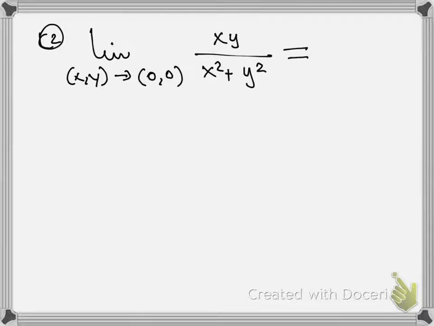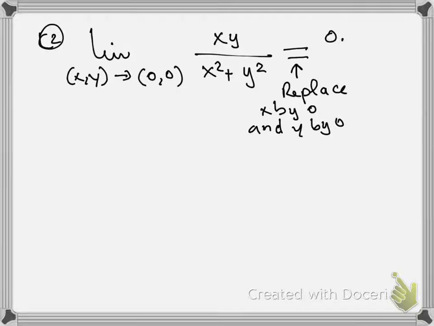So if you just replace x by 0 and y by 0, we're going to have 0 times 0 over 0 squared plus 0 squared. So that's 0 over 0, and of course, 0 over 0 is indeterminate.